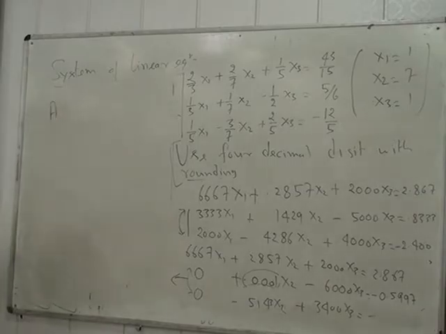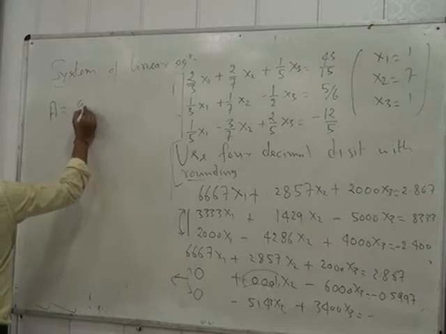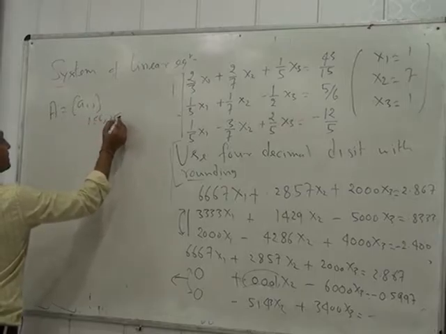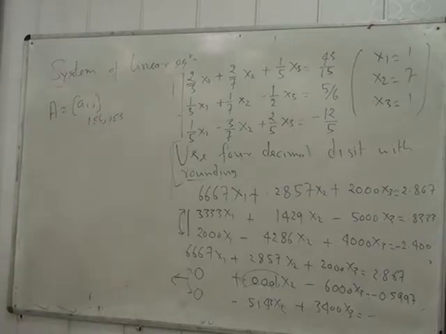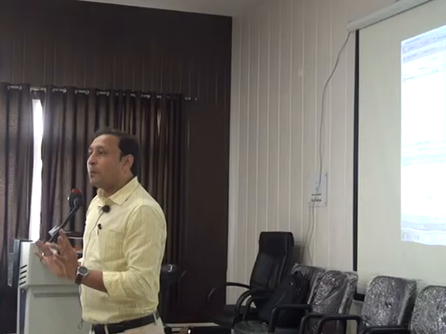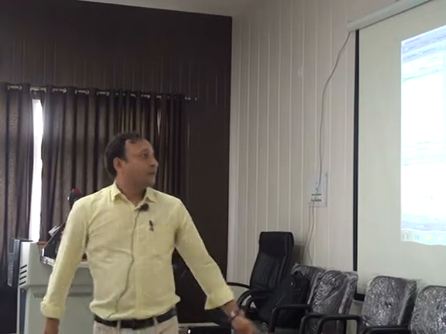Let me write down this notation, A_ij, where i and j go from 1 to 3. So you get A11 in the first row. It is just a compact notation.